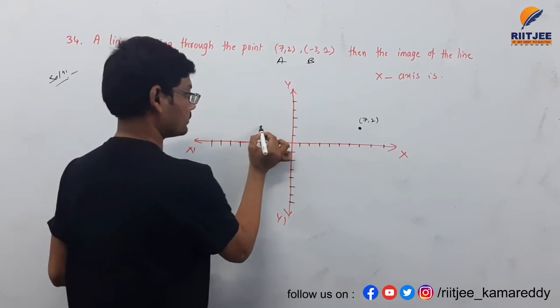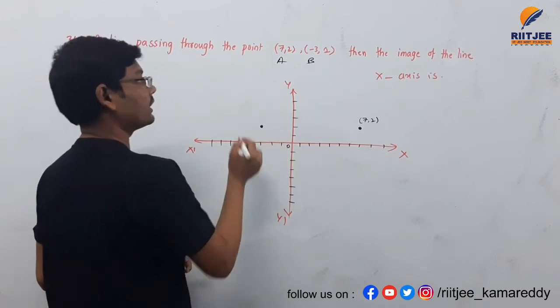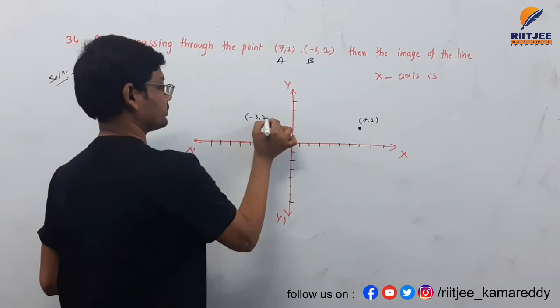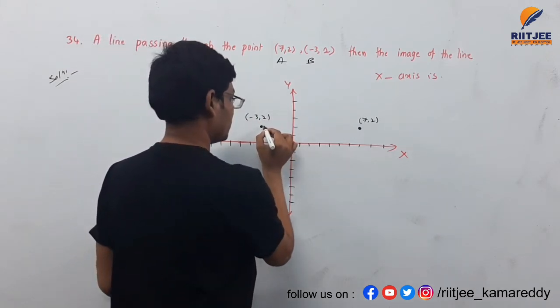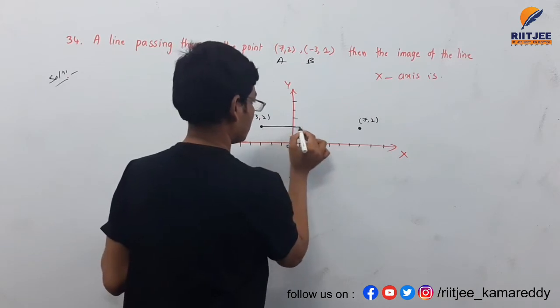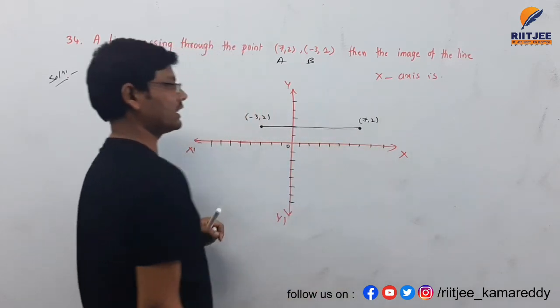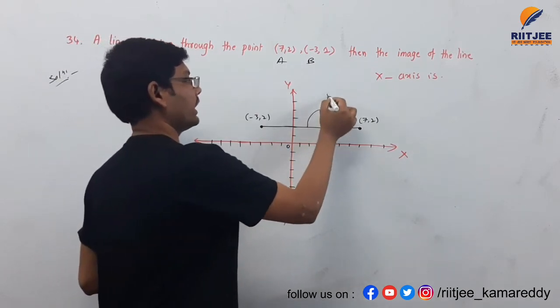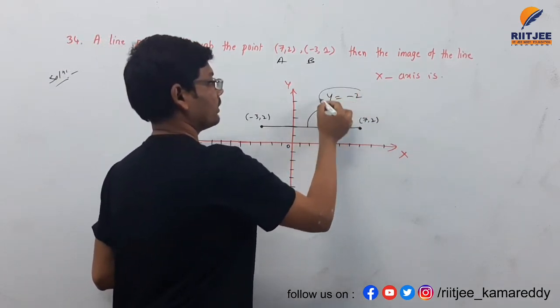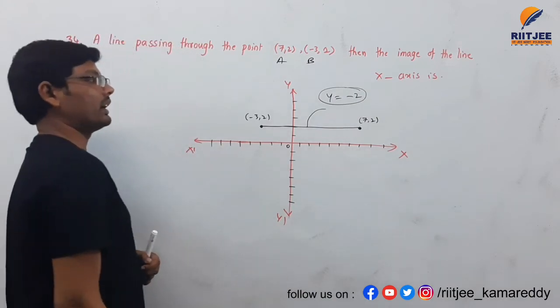This is the point here. Then draw a line here. This is a line, whose equation is y is equal to 2.